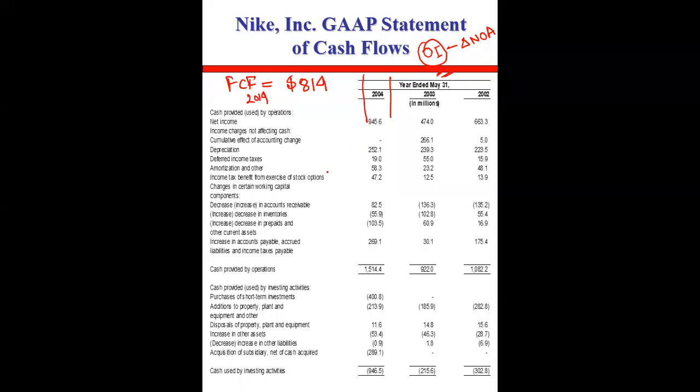$1,514.4. Okay, let me write it here. 1,514.4. Now, what does it indicate? Changes in net operating asset. Does it indicate the investment in operations?